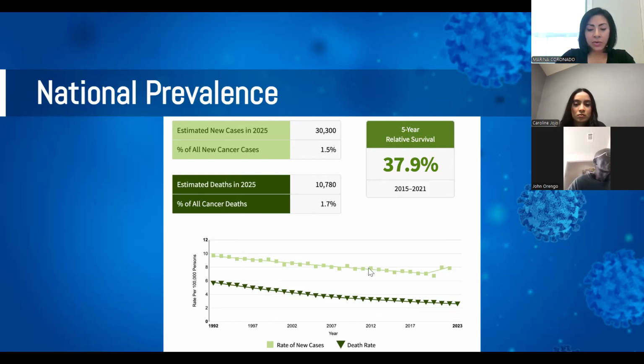The light green line shows the rate of new cases, and the dark green triangles represent the death rate. While both rates have gradually declined over the years, the death rate remains high relative to the incidence, emphasizing the need for early detection and improved treatment options.